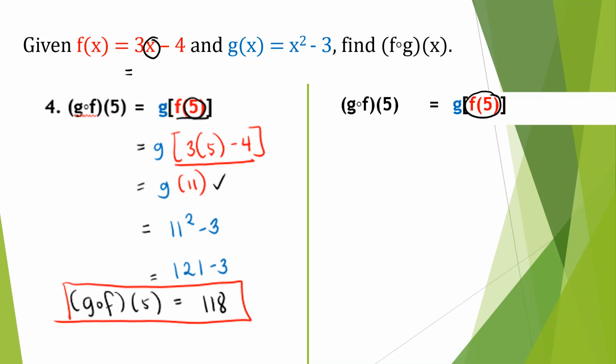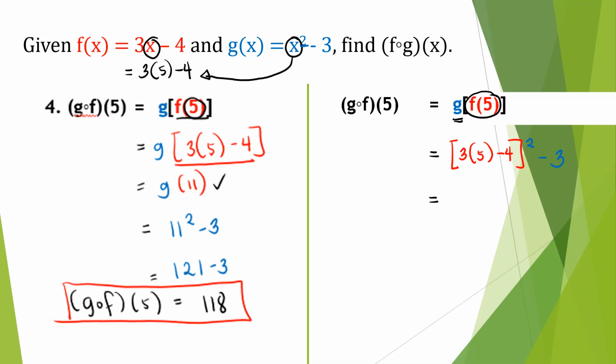So this will become 3 times 5 minus 4. And the x in g of x will be replaced by the value of f of x. So this will be equal to the quantity 3 times 5 minus 4, then proceed to g of x squared minus 3.